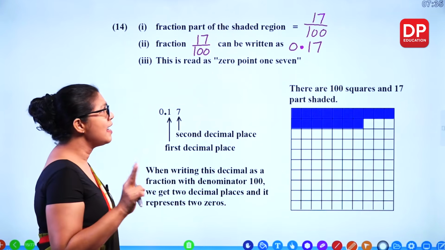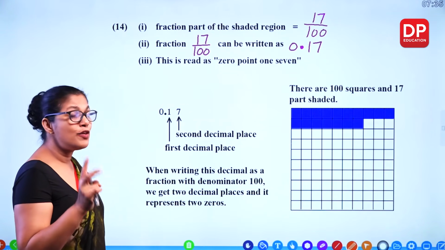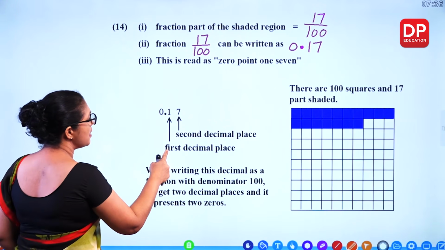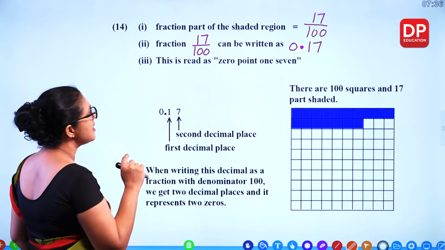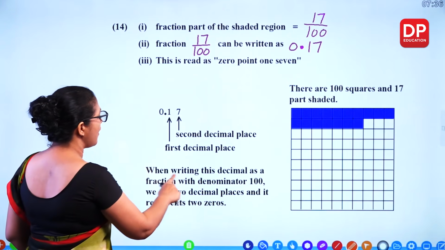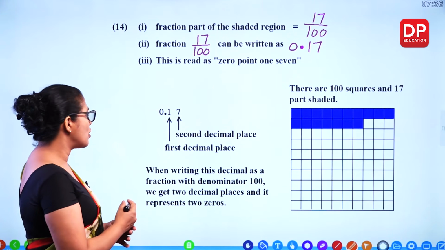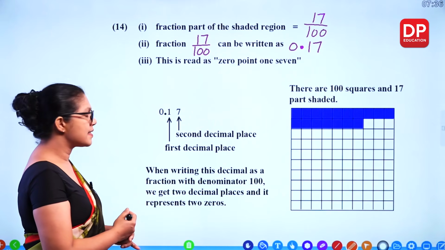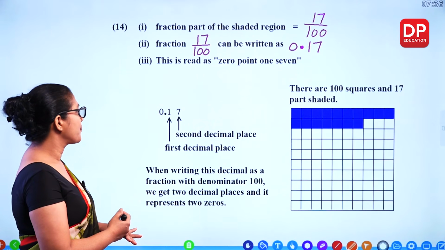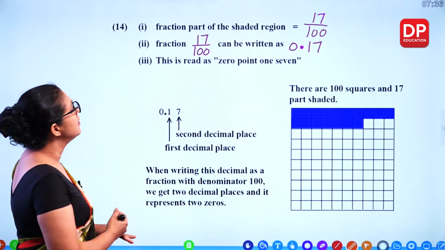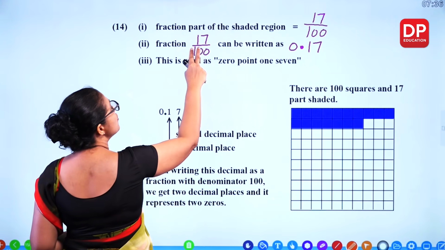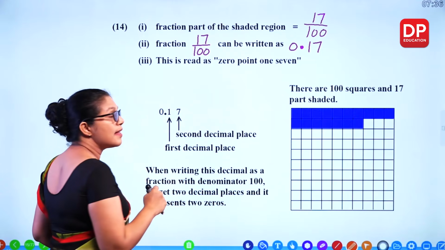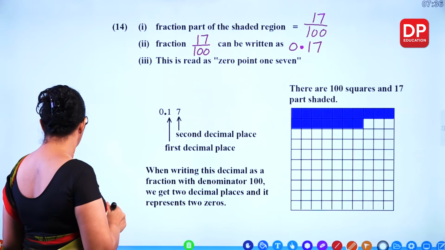Now you see, when you divide by 100, you get two decimal places. This is the first decimal place and this is the second decimal place. When writing this decimal as a fraction with denominator 100, we get two decimal places and it represents two zeros. So remember, when you divide by 100, you get two decimal places in the decimal number.